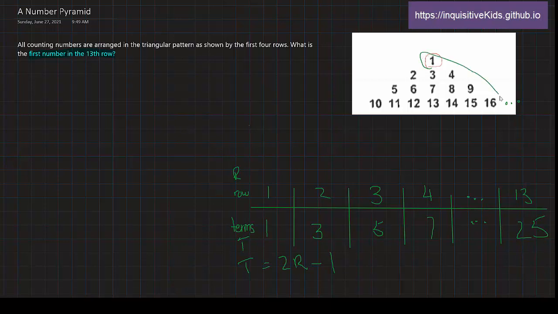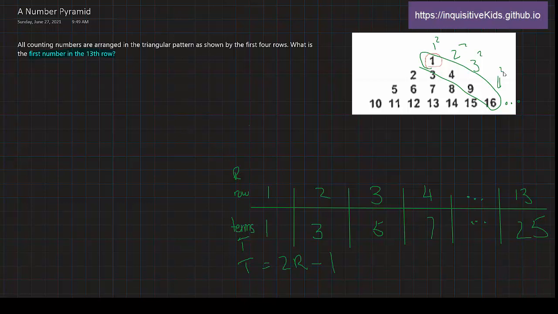If you look along the last terms of each row, you'll see that these are all perfect squares. This is 1 squared, 2 squared, 3 squared, and 4 squared, and so on. So what does this mean? You're probably starting to think about something now, right?